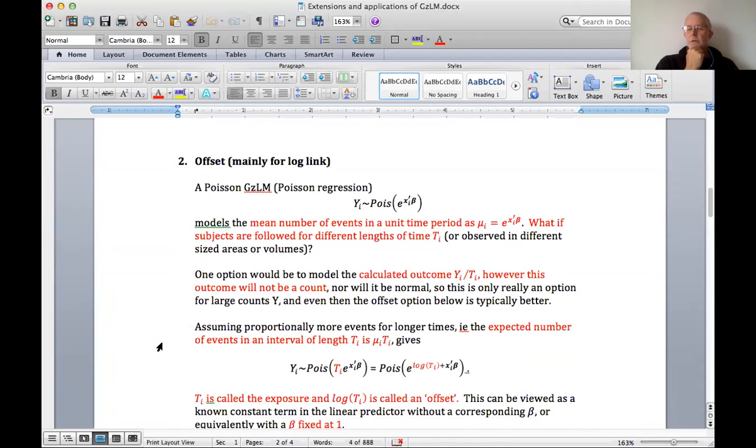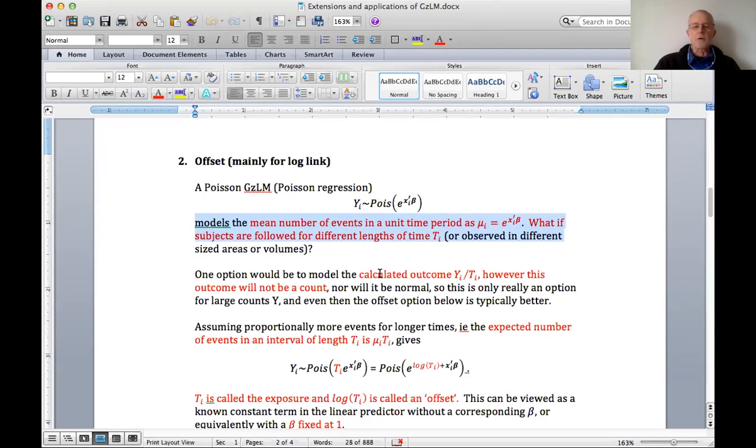So unaltered, it assumes that the time length of all of your observations was the same. Every subject was observed for the same length of time. Well, anybody in epi knows that that's not going to work very well, right? You just don't have data like that. So what can you do when you have differing lengths of time?